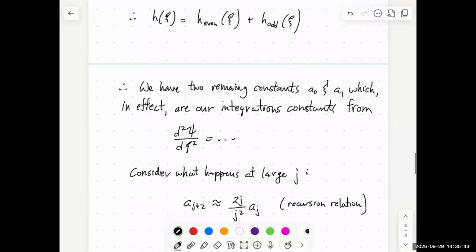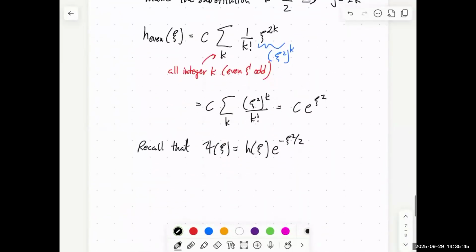And for the even powers, we got this e to the z squared. If I put that in here and multiply by e to the minus z squared over 2, we're going to get something that goes as, so therefore, the even part of our wave function, or our stationary state, would go as e to the plus z squared over 2.